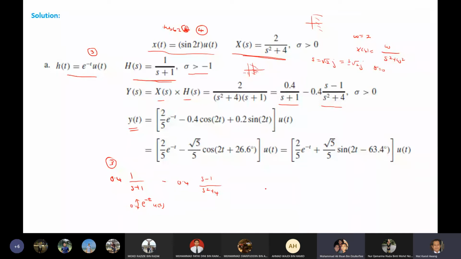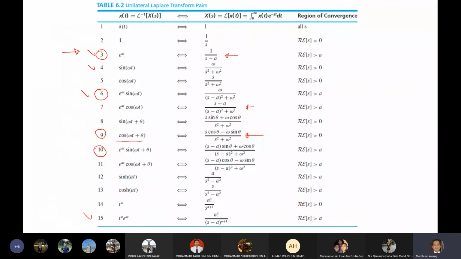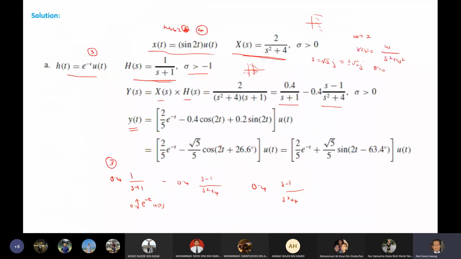This can be written as 0.4 times s minus 1 over s squared plus 4. Let me see.